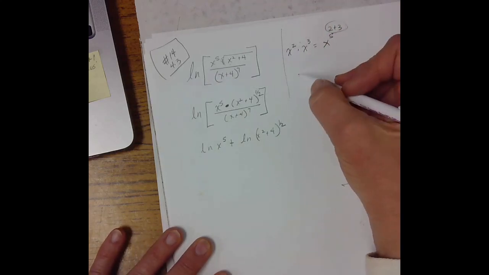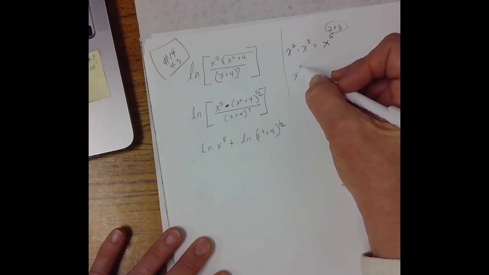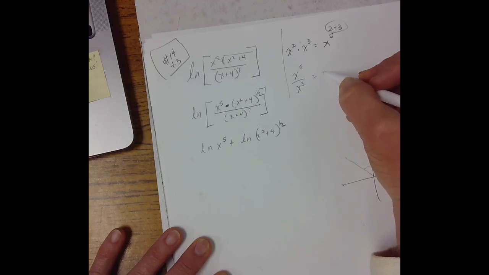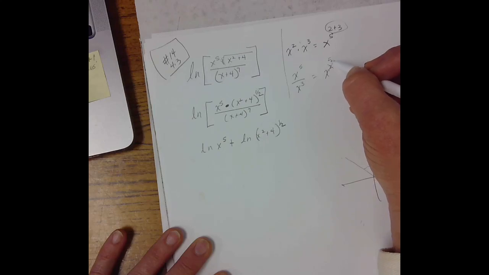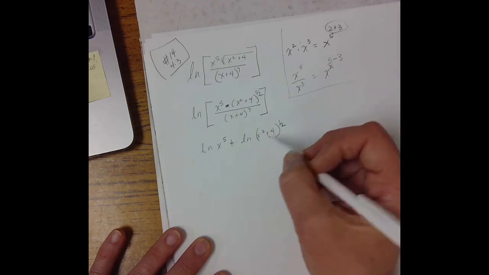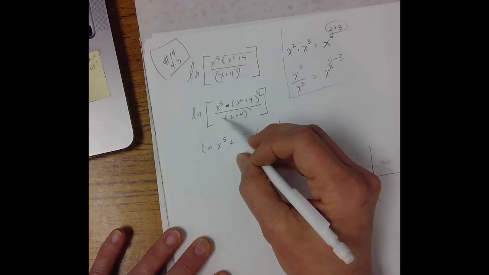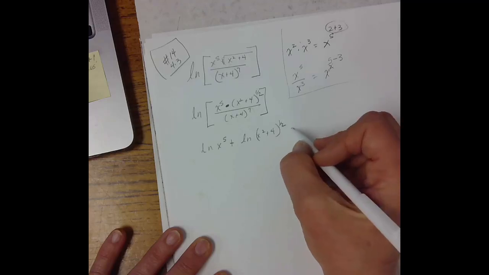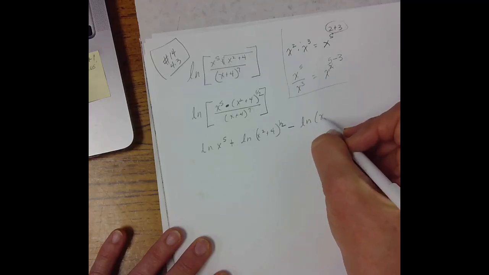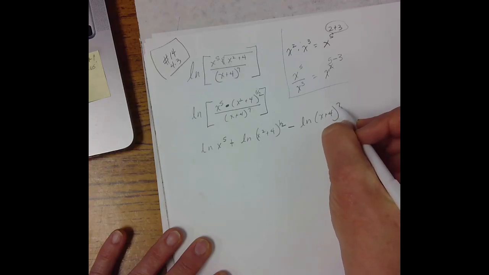Again, it came from the property: if I have x to the 5th power divided by x to the 3rd power, when we simplify it's x to the 2nd power, but you can also write it as 5 minus 3. So anything that's divided, we're also going to subtract. This part is divided, so we're going to go minus the ln of x plus 4 to the 7th power.